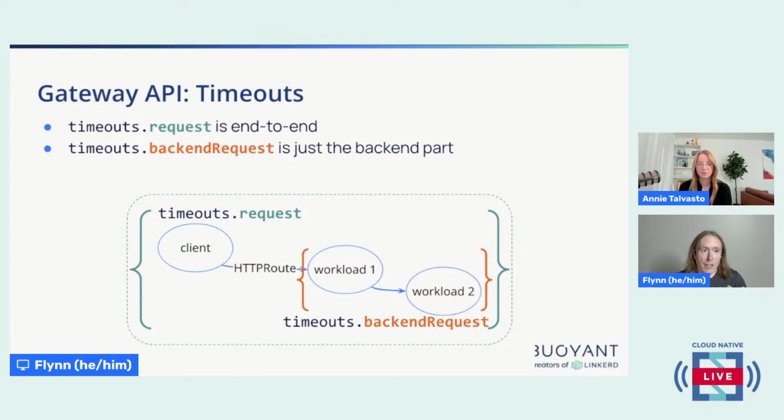Usually it doesn't really make sense to set backendRequest to something longer than request. In fact, that's not allowed by the validators. And in a lot of cases, it doesn't really make sense to use backendRequest unless you've also configured retries or something like that. So most people are probably just going to set request and be done with it. But the functionality is there if you need it.